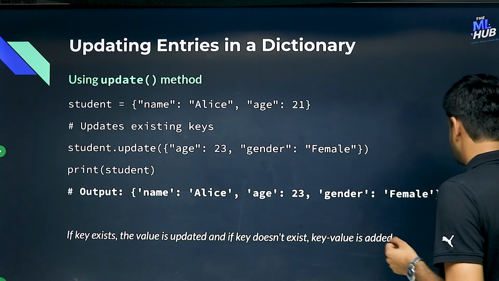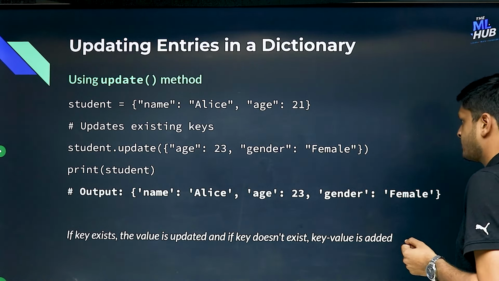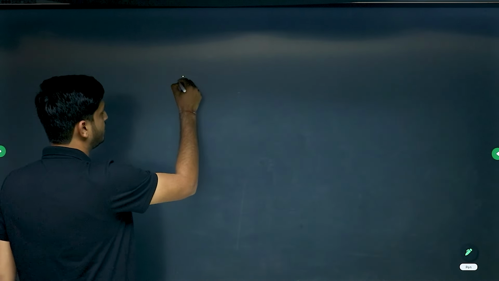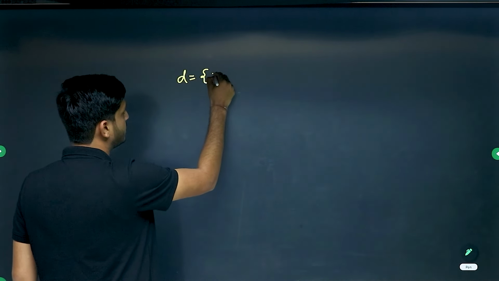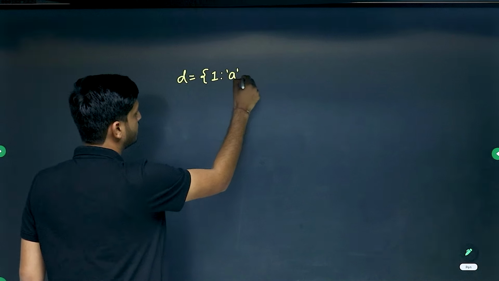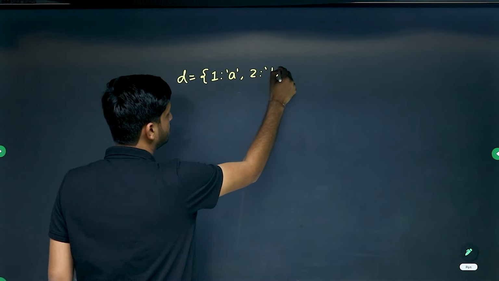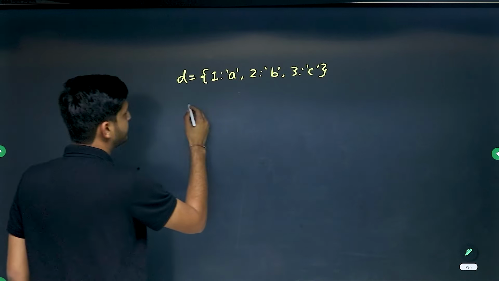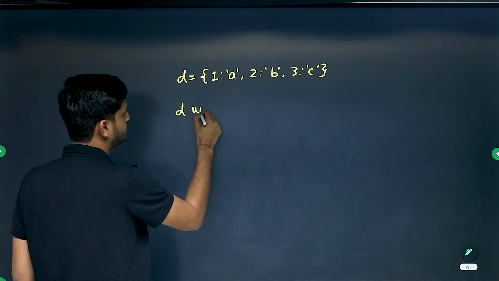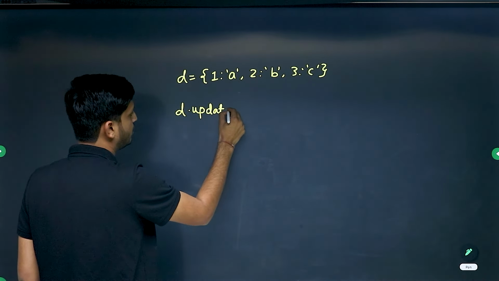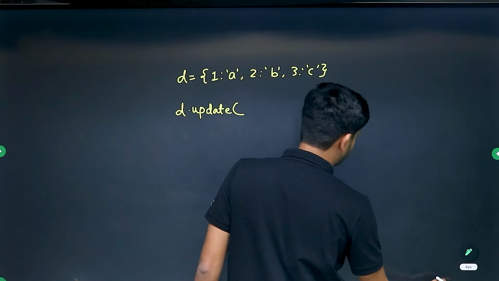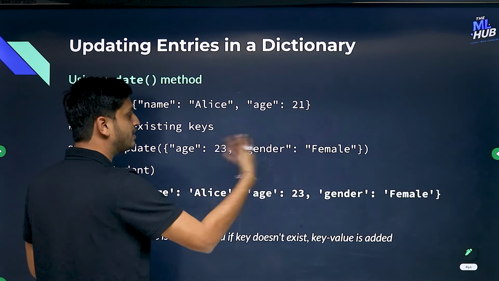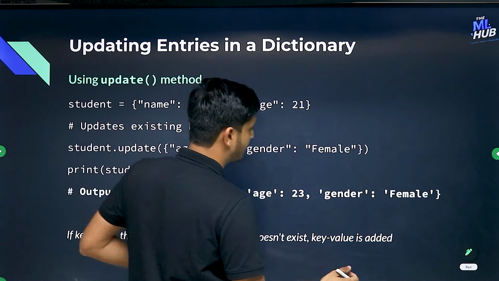Okay. So let's take an example here. Let us say we have a dictionary containing key value pairs 1A, 2B, 3C, like this. And if I say now d.update, in the update function you can give an iterable. You can give another dictionary.